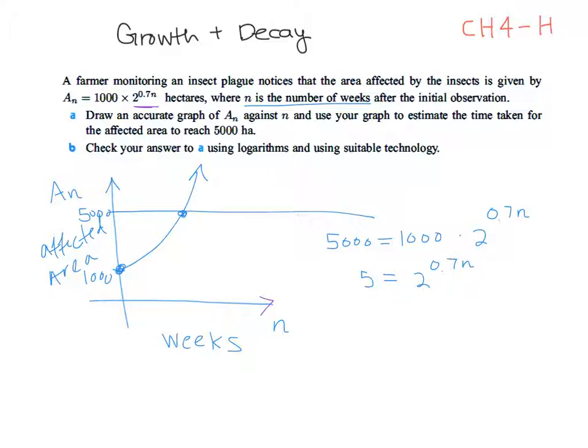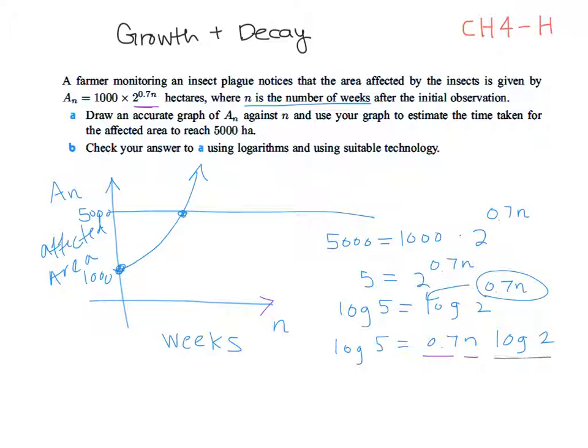Taking the log on both sides, we have log of 5 is equal to log of 2 raised to the 0.7n. And then using the law of logs, bring it down. So we have log of 5 is equal to 0.7n times log of 2. In order to solve for n, remember all of these things are being multiplied: 0.7 times n times log 2.